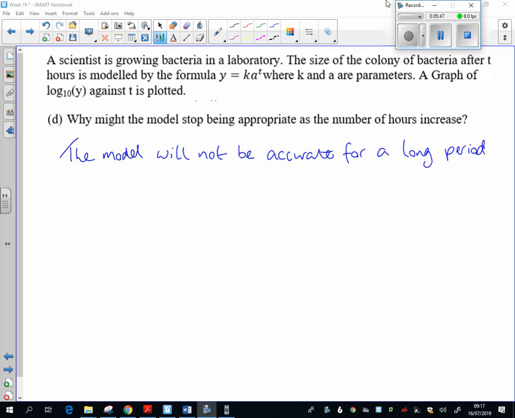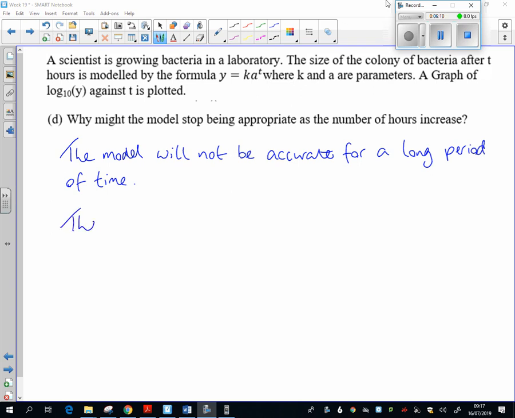Then just try and give a reason, or you could come up with a couple that's related to the situation they've described. So this is about a colony of bacteria growing in a lab. So you don't need an expert knowledge of the situation, but just think about what might limit the growth of these bacteria, and the petri dish, or whatever they're being measured in.